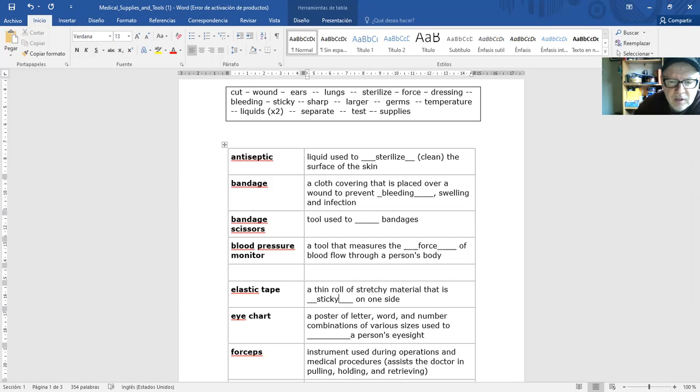Adherente, sticky. That is elastic tape that you use to cover some parts of your body, your wrists, your ankles, and some other parts of your body, you know?